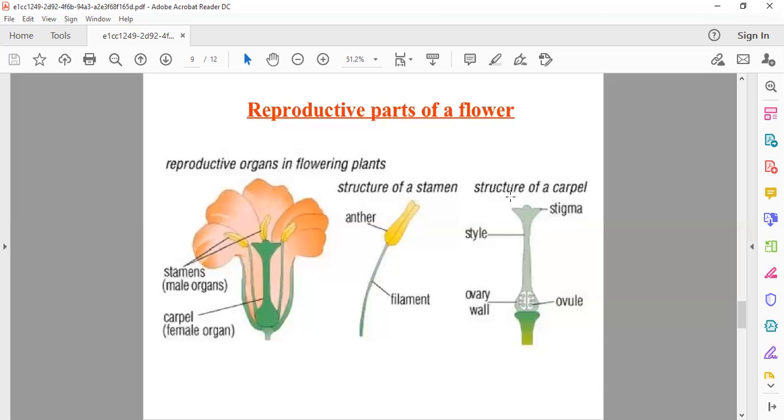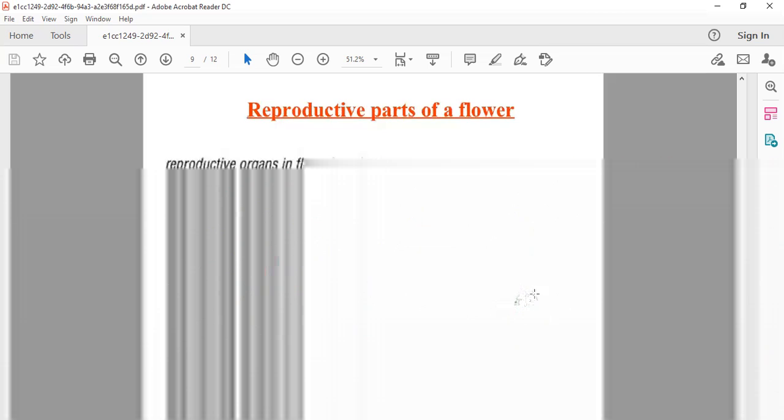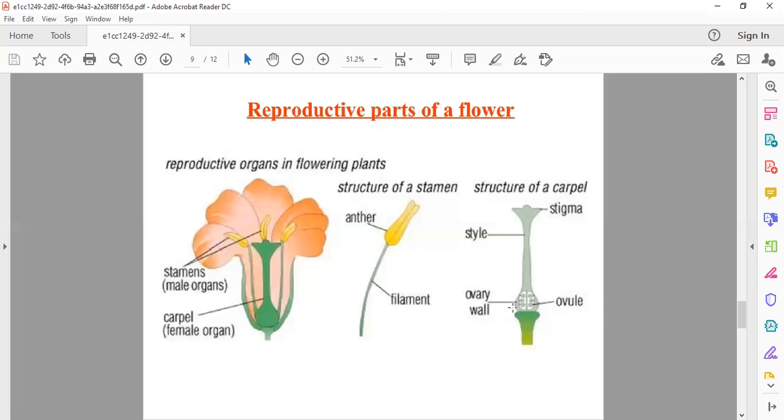Fine. Next, let's see the structure of a carpel, the female organ. On the top, here is the stigma. Next is a tube-like structure known as the style. And at the base, there is a swollen portion known as the ovary.